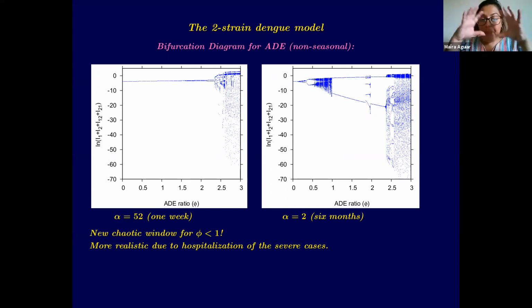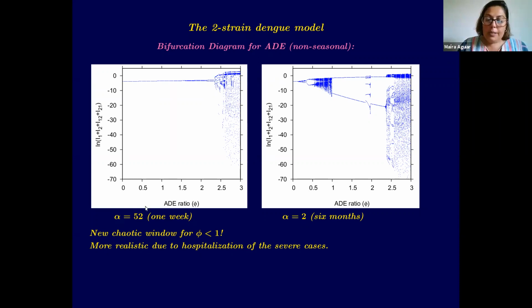Okay. So before you go and switch off, because I know that's a lot of information, just to summarize what we have seen so far, we have analyzed an N-strain modeling framework for dengue, where we analyze the models by increasing complexity. We analyzed first a model where we have two infections but no strain structure, and we see that this model is not enough to describe the oscillations in the data. This model was then refined and opened up to a structure level where we have strain 1 and strain 2 playing a role and interacting.